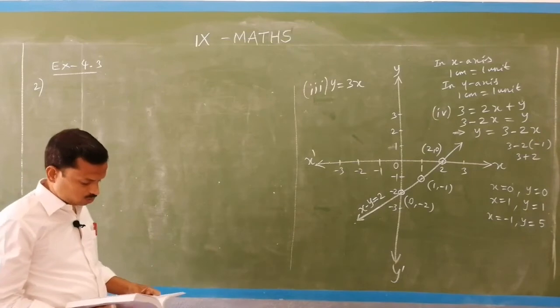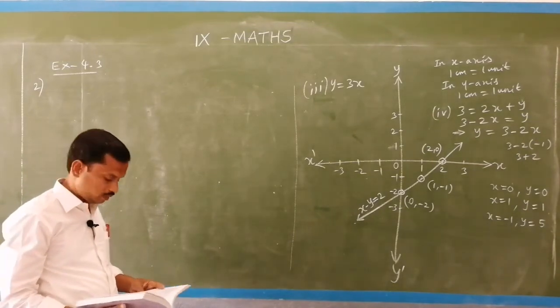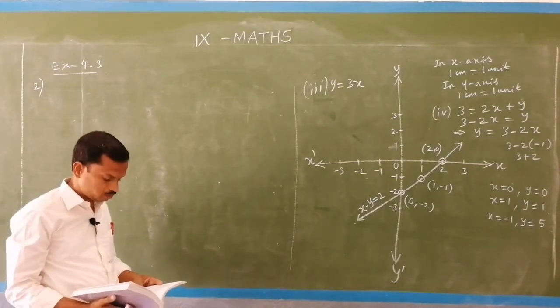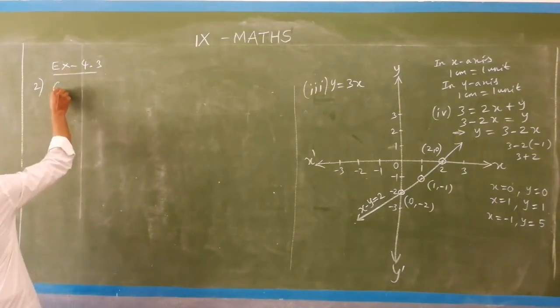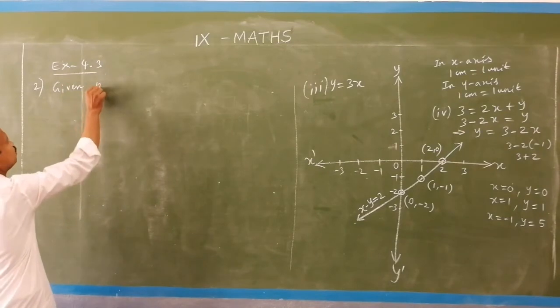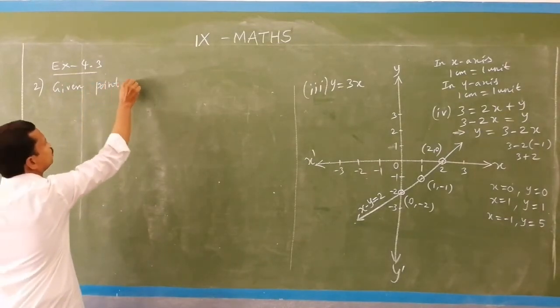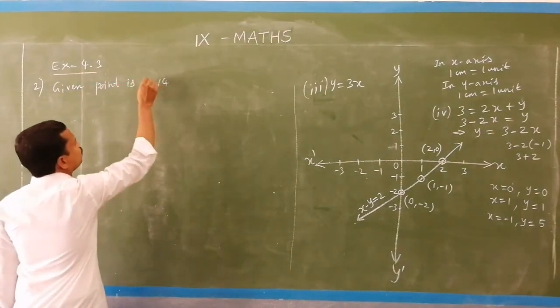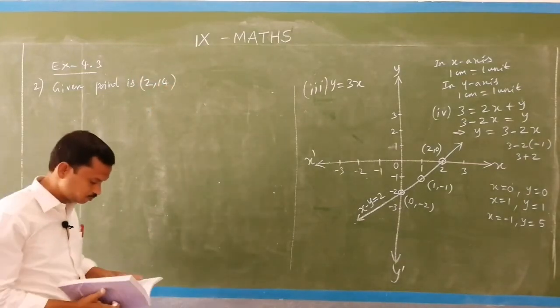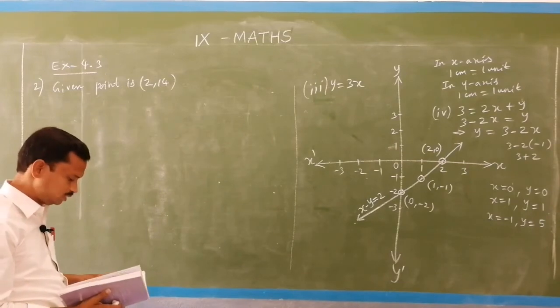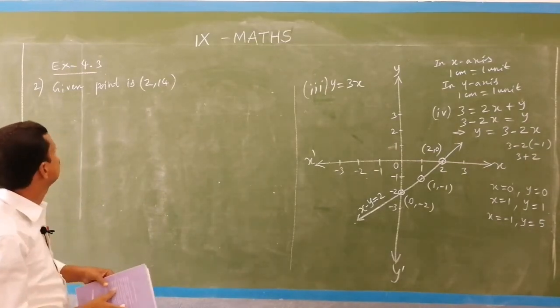How many more such lines are there and why? They are asking. So, the given point is 2 comma 14. This is the given point, and the question is, give the equations of two lines passing through this point.